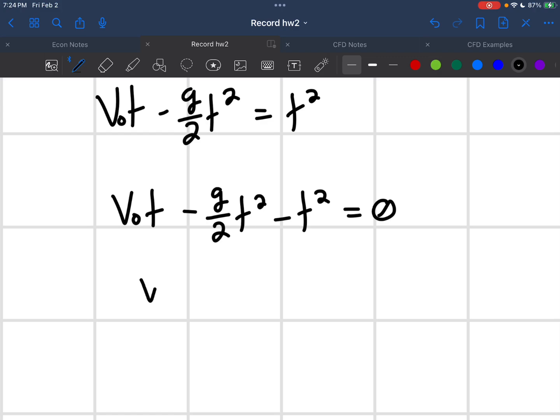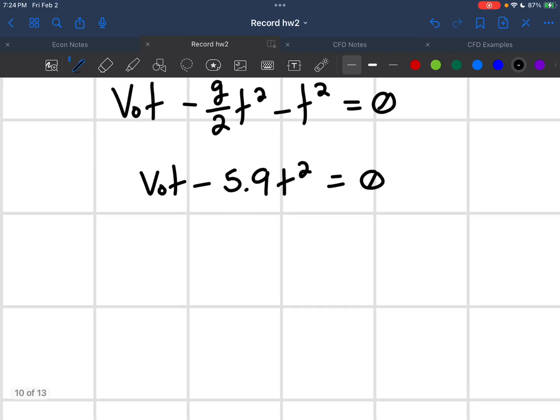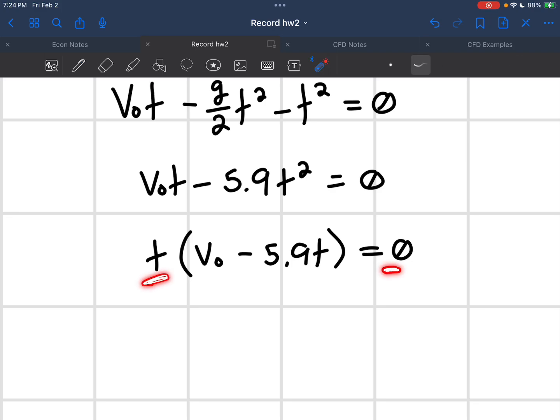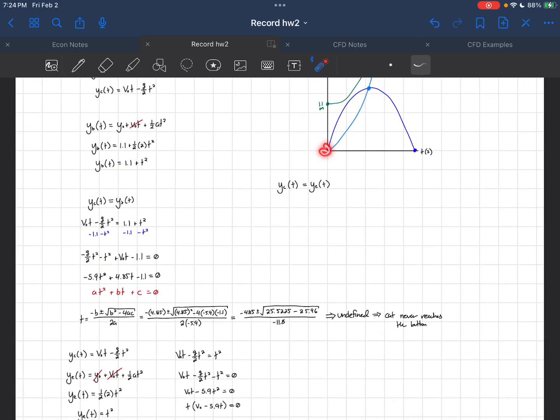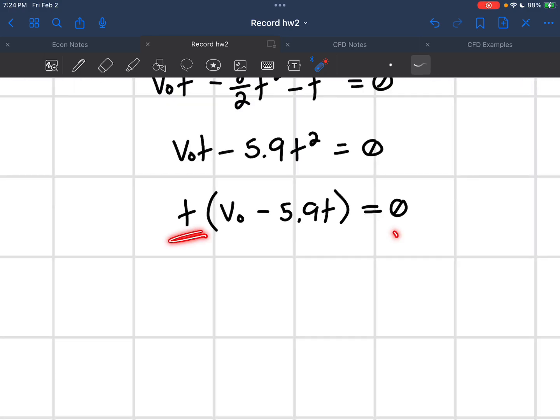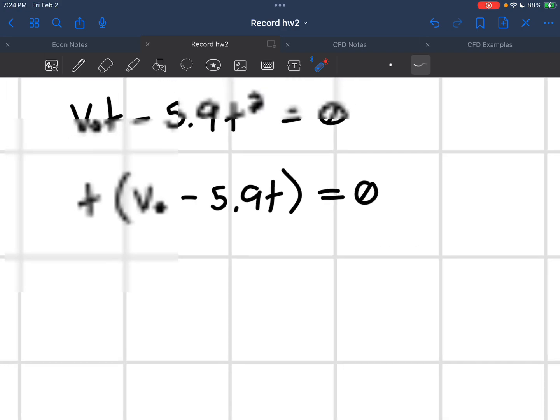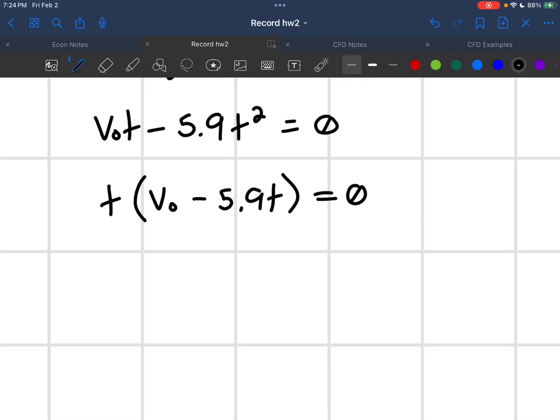So with the extra minus 1, v naught t minus 5.9 t squared equals 0. This time I can factor out t: t times (v naught minus 5.9 t) equals 0. Again, it makes sense that t equals 0 is one of our solutions because the elevator and the cat start off in the same place. So at time equals 0, they do have the same position. So now we just have to find the other solution because that's going to be our more helpful one.